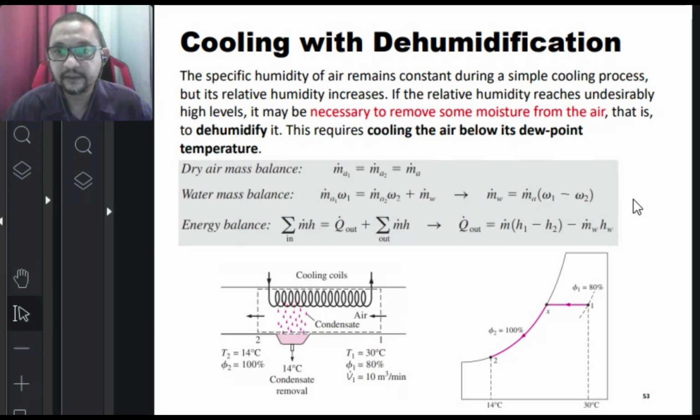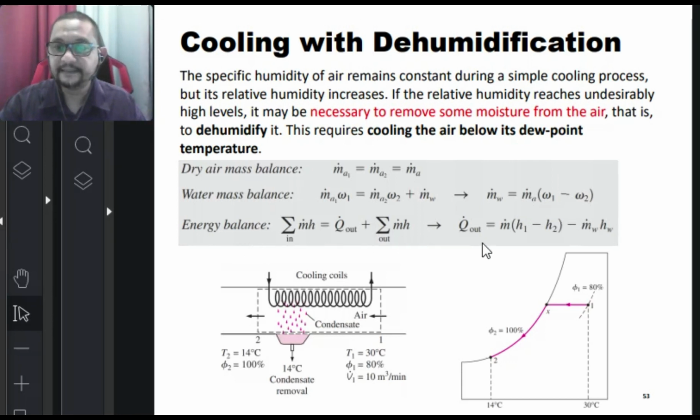So some moisture must be removed, that is, to dehumidify it. This requires cooling the air below its dew point temperature. Okay, so the equations: based on the dry air mass balance and the water mass balance as you saw earlier, the water mass flow rate is equal to m dot a times omega 1 minus omega 2.